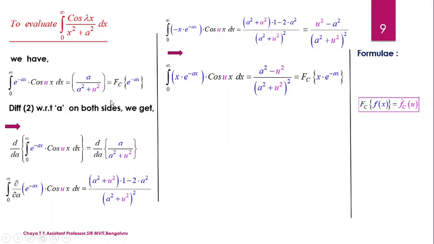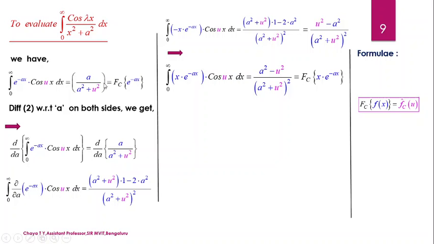Now let us consider the expression. Observe, guys, here I have the integral 0 to infinity e power minus ax cos ux dx. When I call e power minus ax f of x, this integral is nothing but the Fourier cosine transform of e power minus ax.